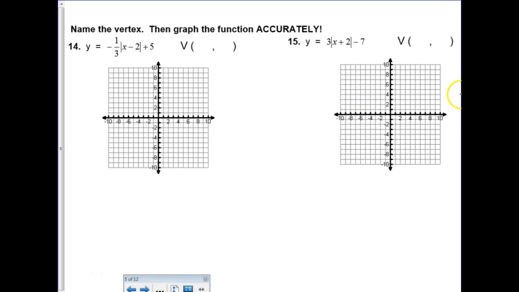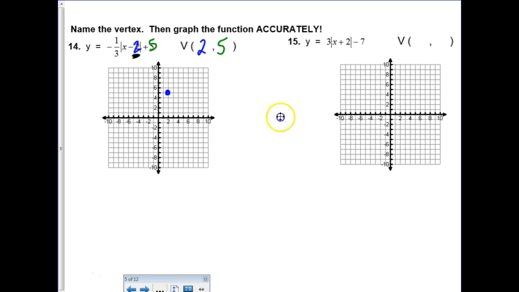Speaking of graphing, you should be able to graph absolute value functions. I think they're easier by hand, but you can go to your graphing calculator and get table points as well. So easiest if you first identify where the vertex is located. Remember, opposite sign here because of the built-in negative. So the vertex is located at 2, 5. And then I'm going to plot the vertex at 2, 5.